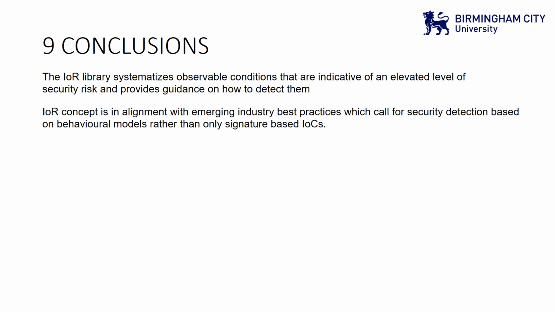Conclusions. The indicator of risk library systematizes observable conditions that are indicative of an elevated level of security risk and provides guidance on how to detect these observable conditions. The indicator of risk concept is in alignment with emerging recommendations, which are calling for security detection based also on behavioral models rather than only signature-based indicators.